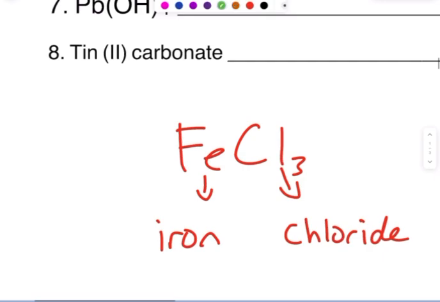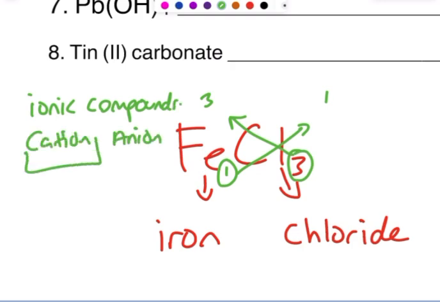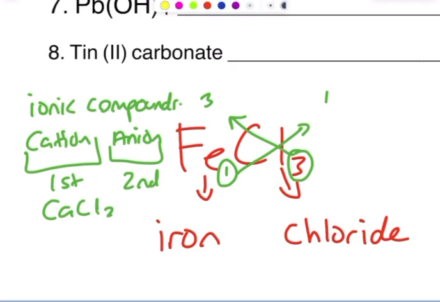So look at this. I have 3. I'm going to uncross it and put a 3 here. There's a 1 here. We don't really write it. We uncross it, put a 1 here. We know already in ionic compounds, what comes first? Cation and then anion. So that's first, that's second. For example, CaCl2, this is the cation, and then this is the anion.